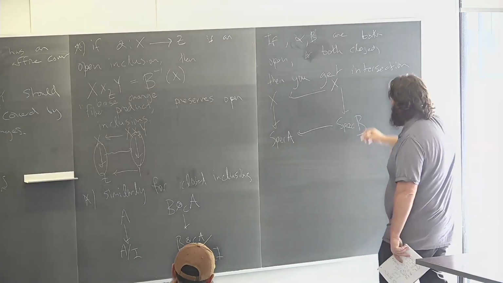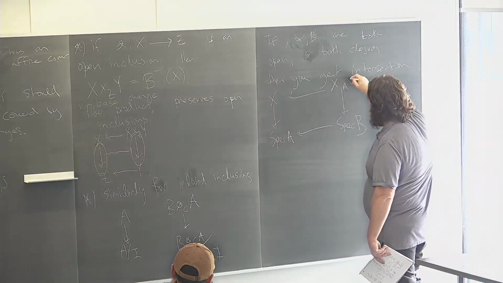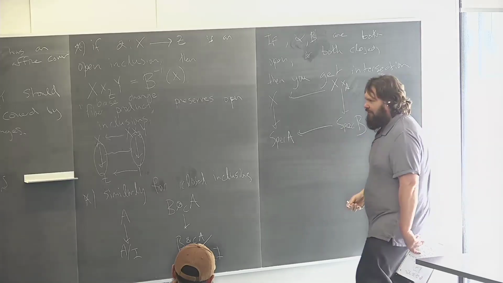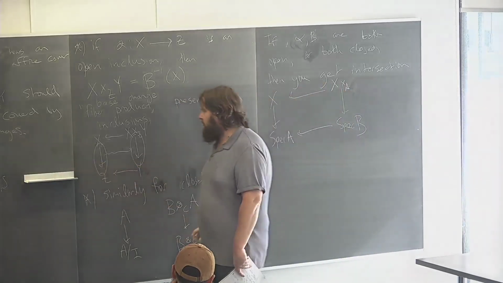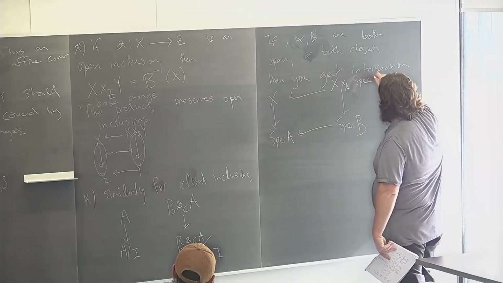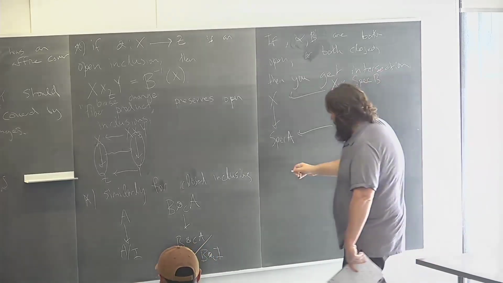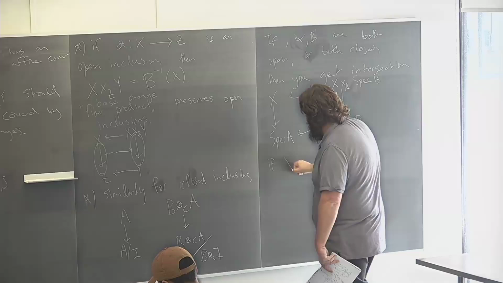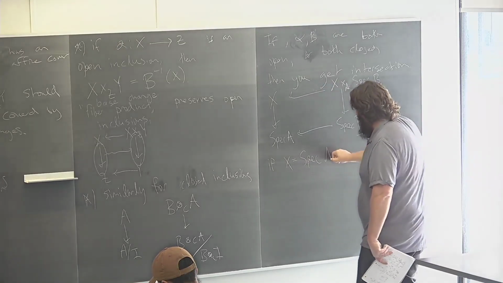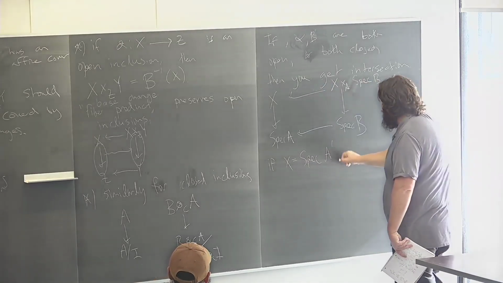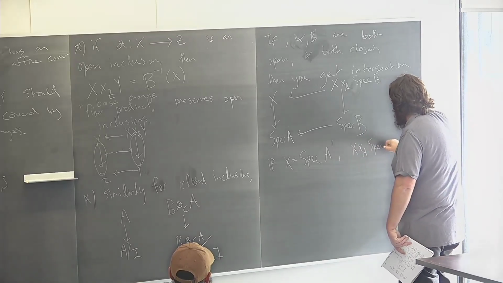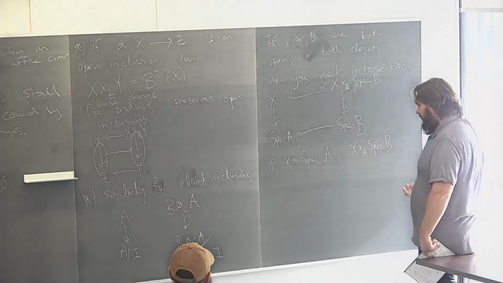So you'll often see this written as the fiber product over A. We often don't bother to write spec A, and we just write A. Spec B. And of course, if X is spec of some A algebra A prime, then this base change just means I change my coefficients.